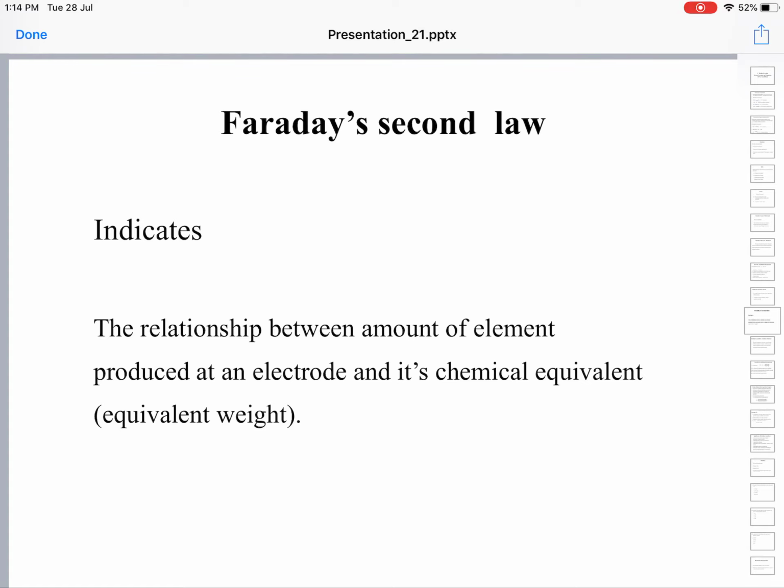The second law seeks to establish a relationship between the amount of element produced at an electrode and its chemical equivalent.